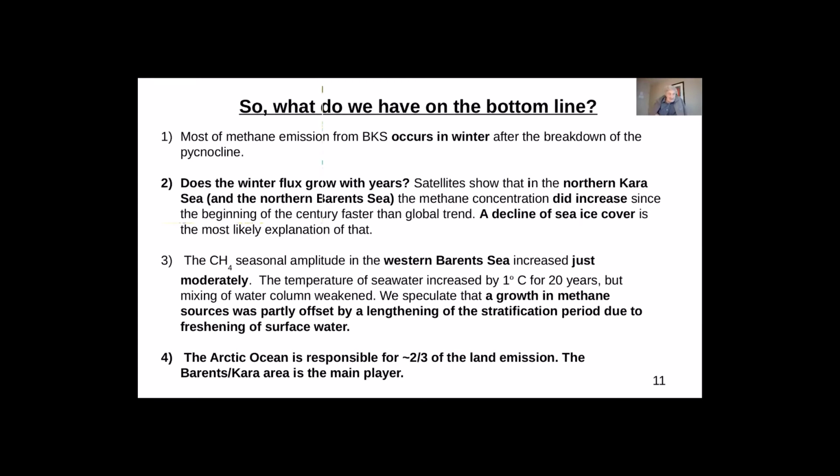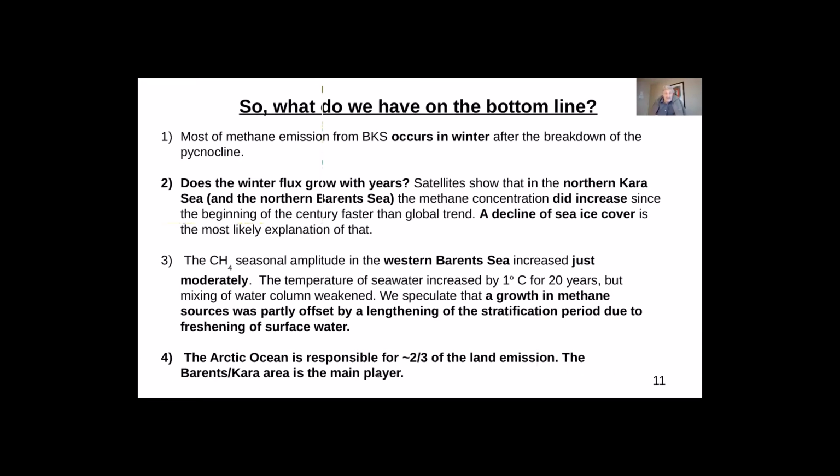And the last but not the least conclusion is that the Arctic seas, the total Arctic Ocean, is responsible for approximately 2/3 of the land emission. So it's a very important source for the Arctic.